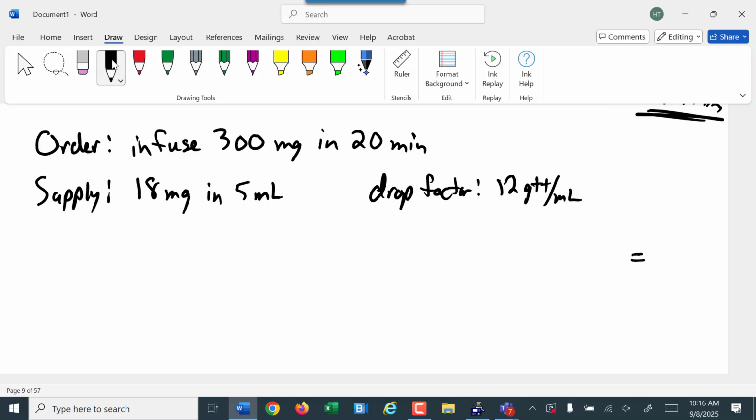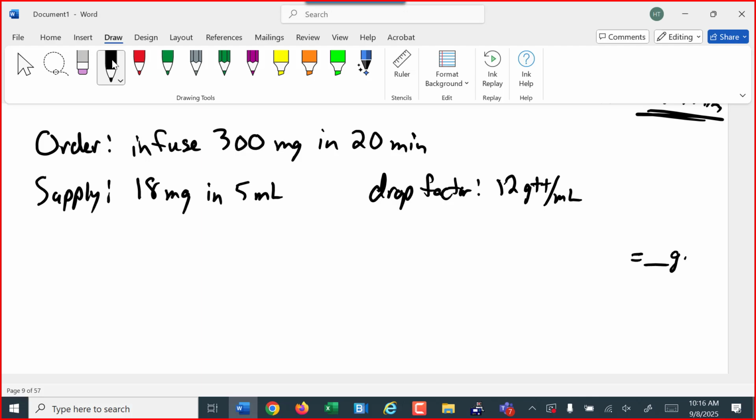And we once again want this in drops per minute. So I'll give you about a minute and a half or so, then we'll go over that one.